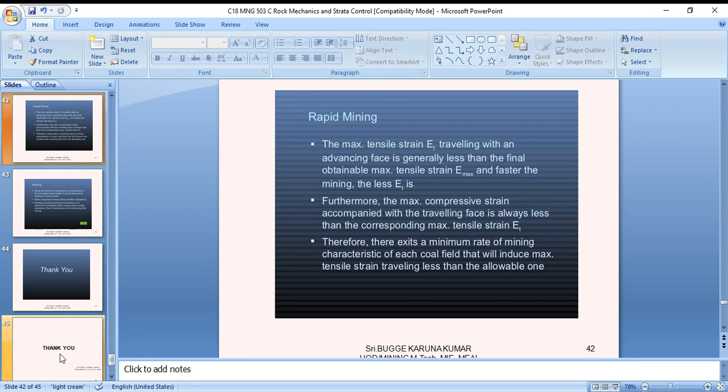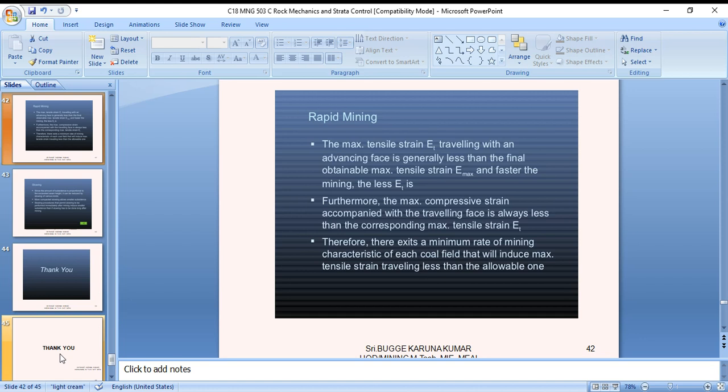So rapid mining is another important thing. The maximum tensile strain traveling with an advancing face is generally less than the final obtainable maximum tensile strain, E max, and the faster the mining, the smaller it is. Furthermore, the maximum compressive strain accompanied with the traveling phase is always less than the corresponding maximum tensile strain.